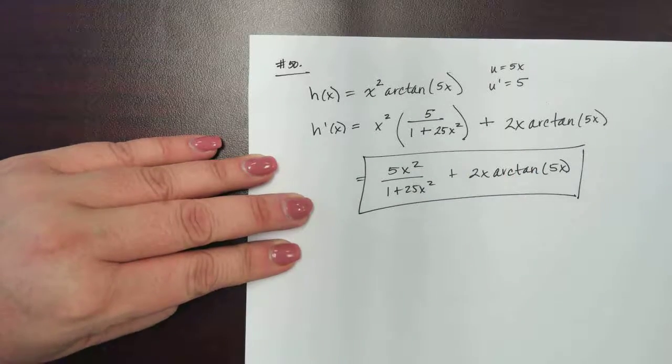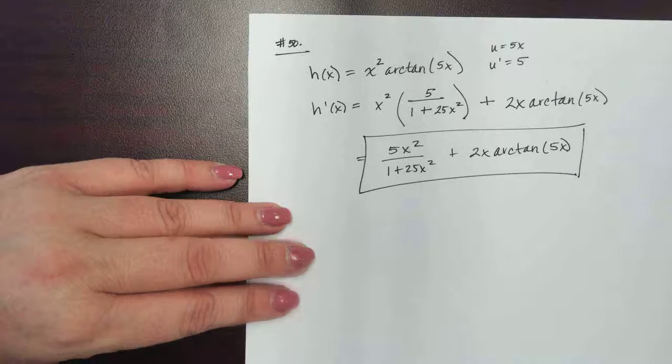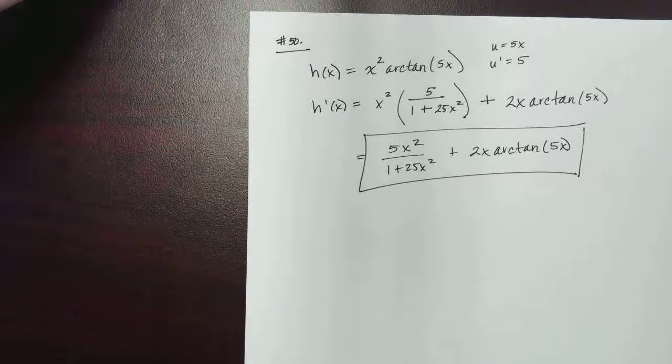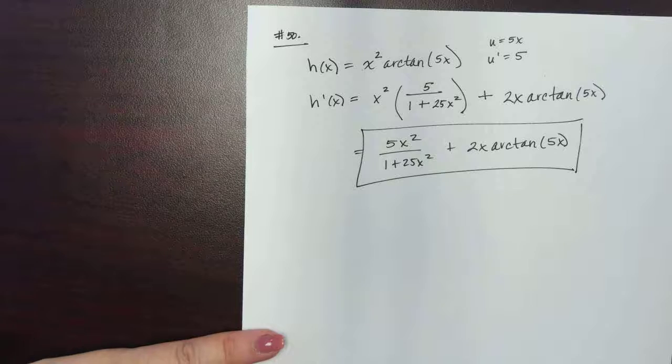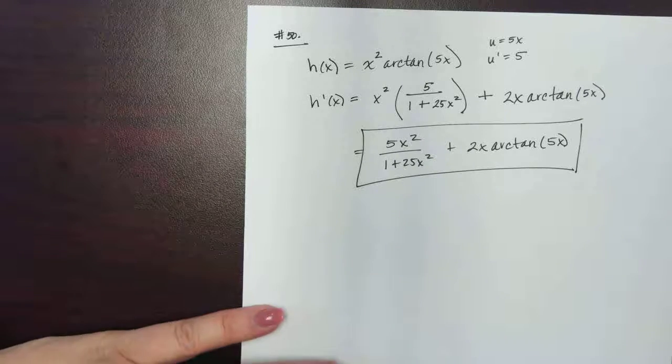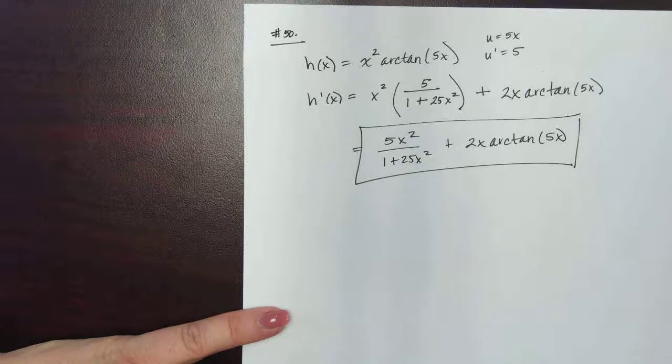Final answer. You don't even have to make a common denominator? No. Nope. It wouldn't be that bad, but we don't need to. It feels weird to have an inverse tangent in our answer, but it is what it is.